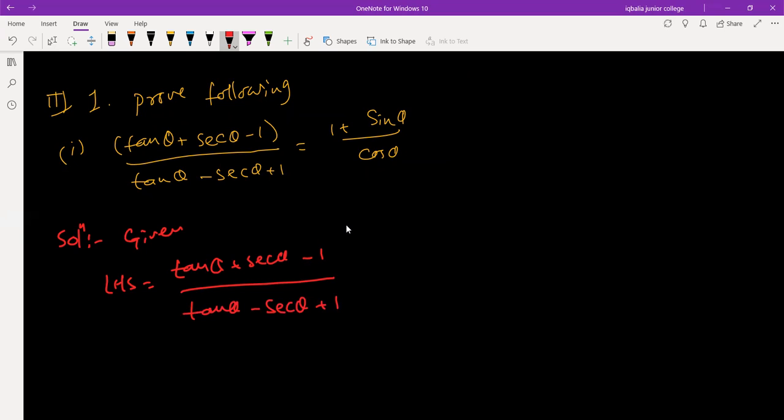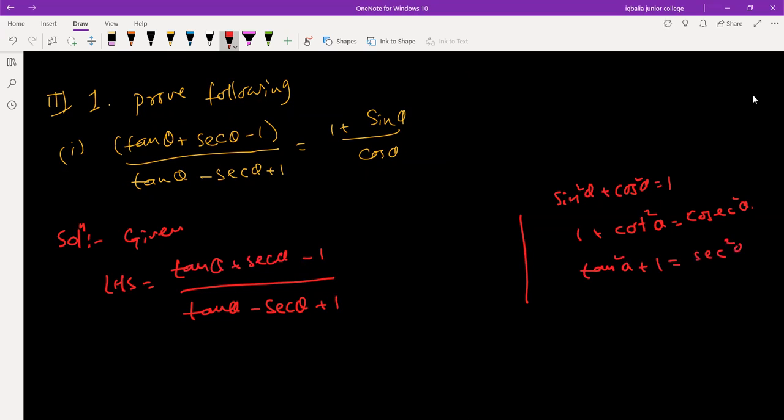Here I know the trigonometry identities: sin square theta plus cos square theta is equal to 1, then 1 plus cot square theta equals cosec square theta, and tan square theta plus 1 equals sec square theta.